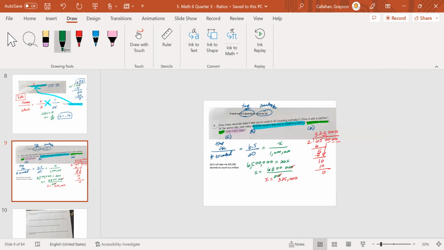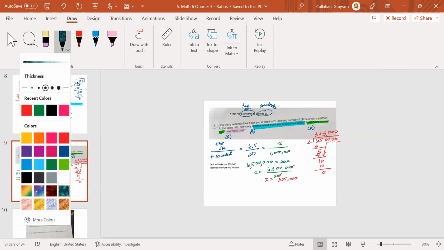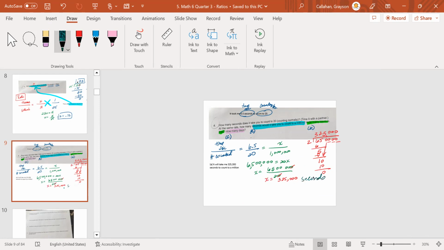So with this question, if it's going to take you this many seconds, I gotta convert that to the number of hours. Do you agree with that? Okay. 60 seconds equals 1 minute. Do you agree with that? 60 minutes equals 1 hour.